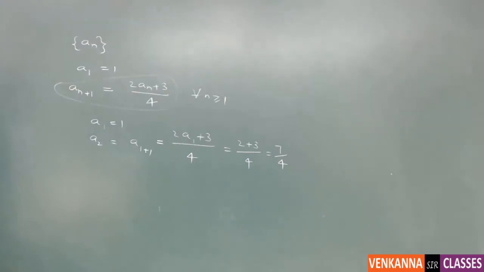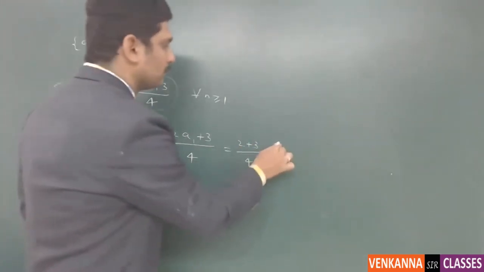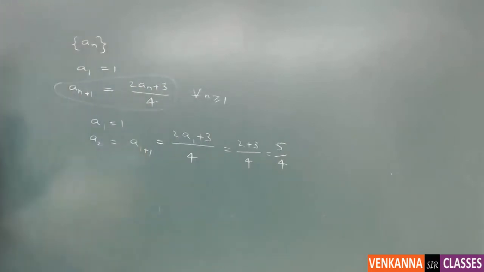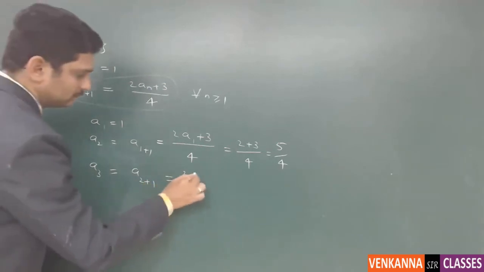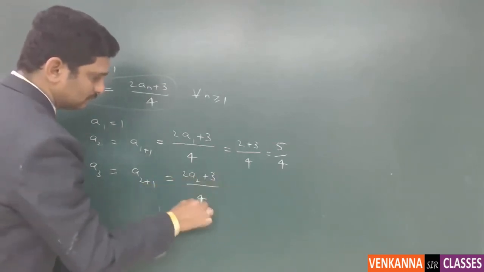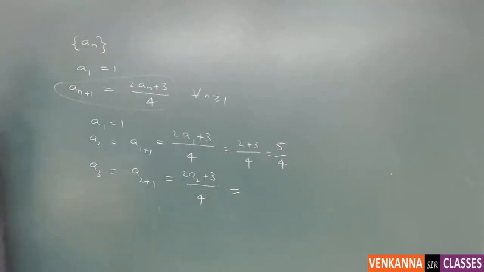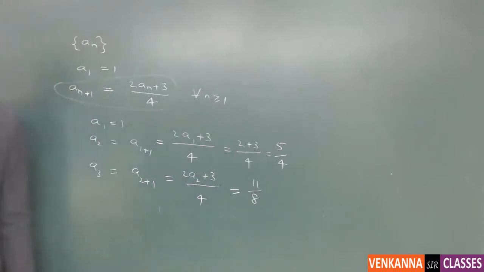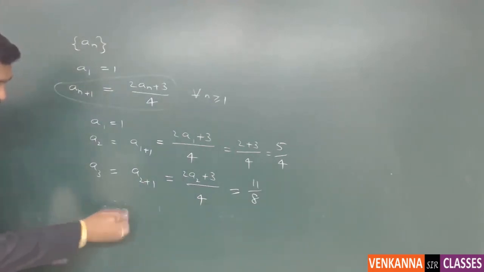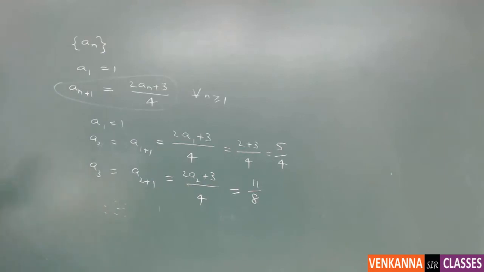Accepted? Sorry, 5 by 4. Accepted? Fine. So if you go for a3, it is a(2+1). So give me the value there. By 8. So in this way, all the terms we can list out, right?